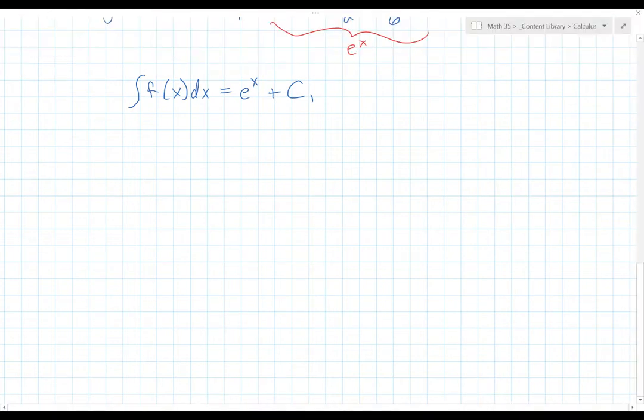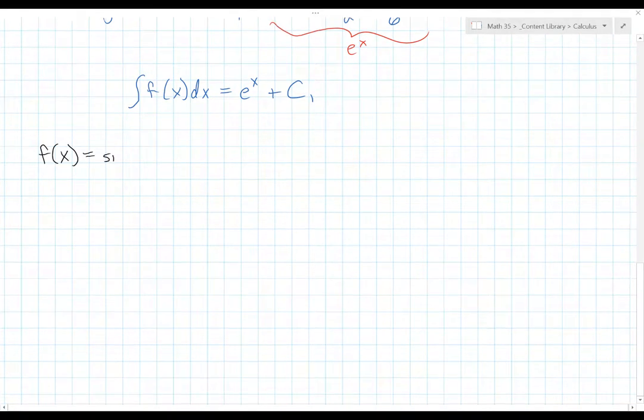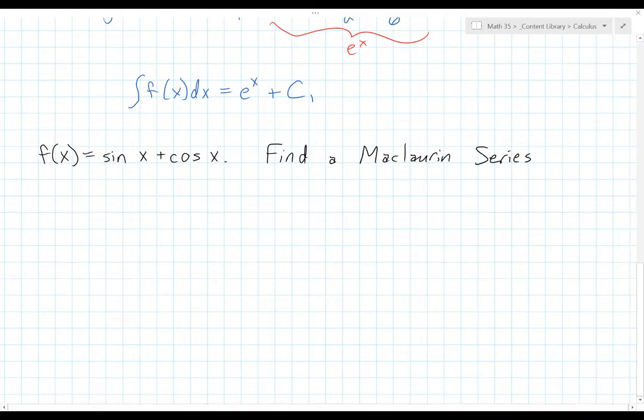Now, we can do other types of operations as well. So let's say, for example, I want to consider a function where I have f of x equals sine x plus cos x. Now, if I want a Maclaurin series for this, I can just go from the definition of a Maclaurin series, and I can derive this function, first derivative, second derivative, and so on, and go on from there.